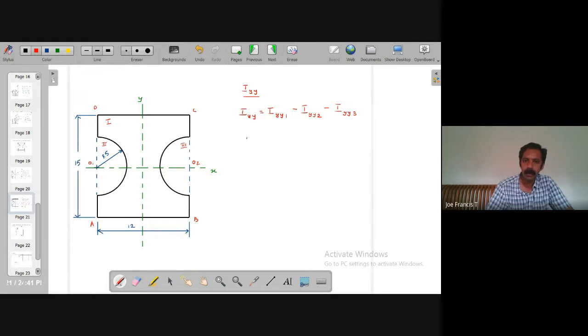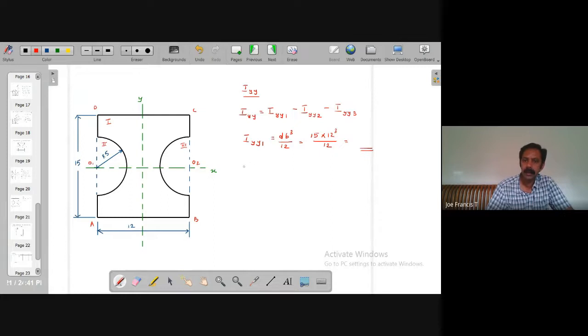Iyy1 is the moment of inertia of the rectangle with respect to the YY axis. So Iyy1 is easy. It is DB cubed by 12. So D is now 15, into 12 cubed by 12. So you get one of the answers.